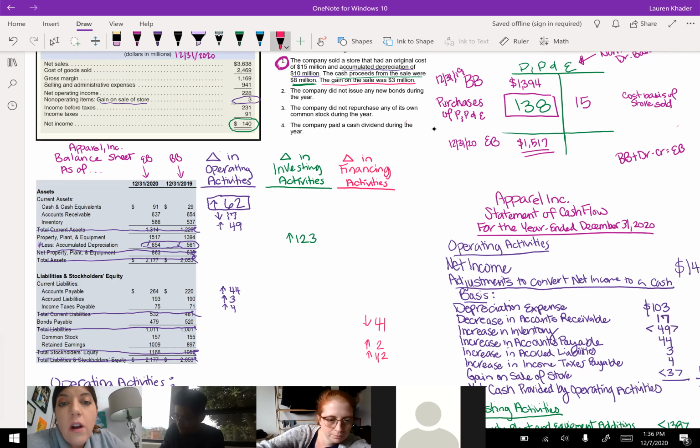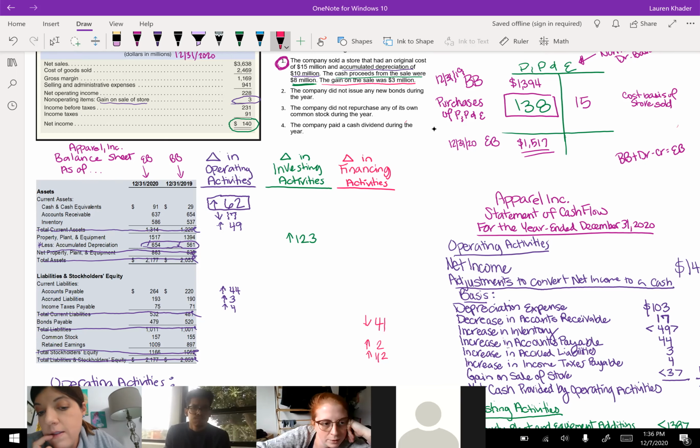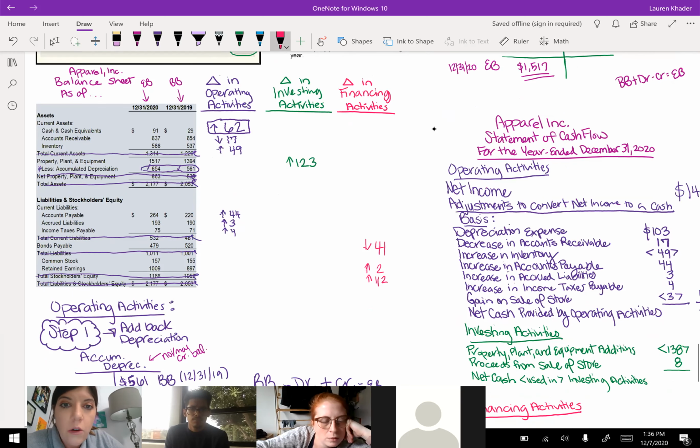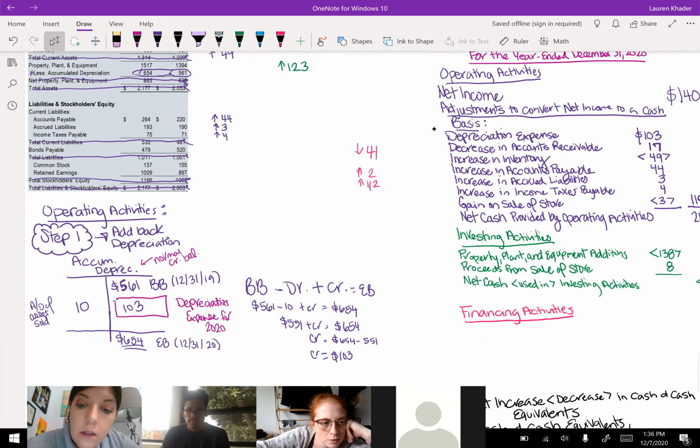The company did not issue any new bonds during the year. So that means that the total decrease is related to what? Paying their long-term debt, paying principal. So retirement of bonds payable. So we're going to start with that. If they had taken out additional debt, we wouldn't show it all at once.